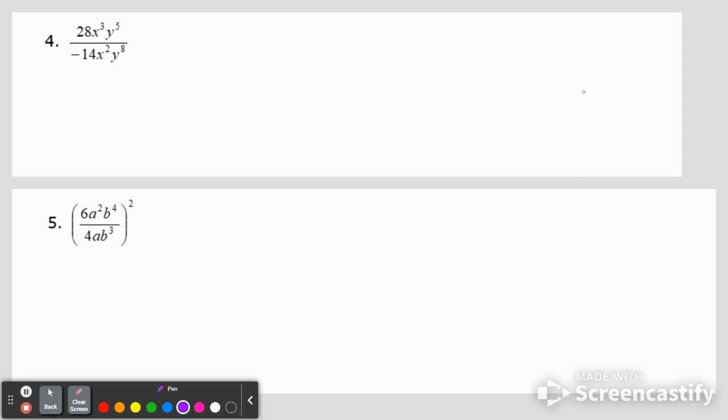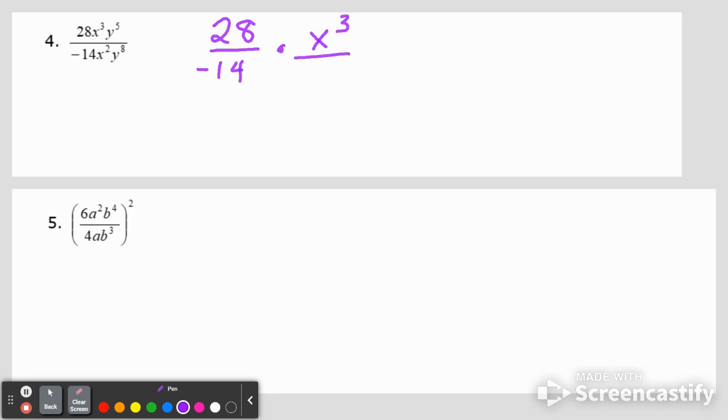Be careful with your coefficients. I know sometimes we get so lost in all of those rules. We are not going to subtract 28 and negative 14. That is just like this, 28 divided by negative 14. So what I'm going to do first is split these up into their own little fractions, and then I'm going to simplify.